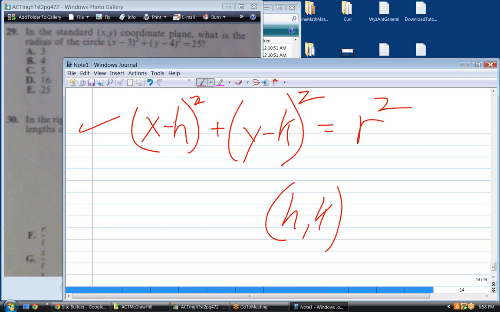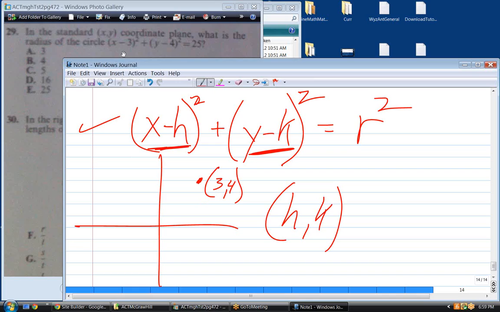In other words, h is 3, k is 4. So if I had to graph this circle, I would start at 3 comma 4, and that's where I'm going to make the center of my circle. Notice that it's x minus h and y minus k, and that's why it's positive 3 and positive 4 and not minus 3 or minus 4.